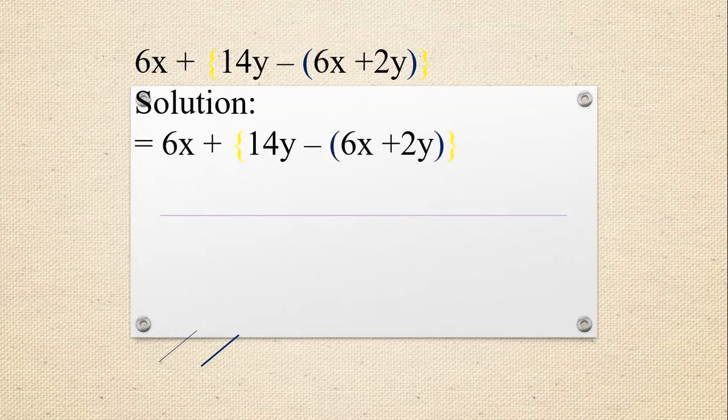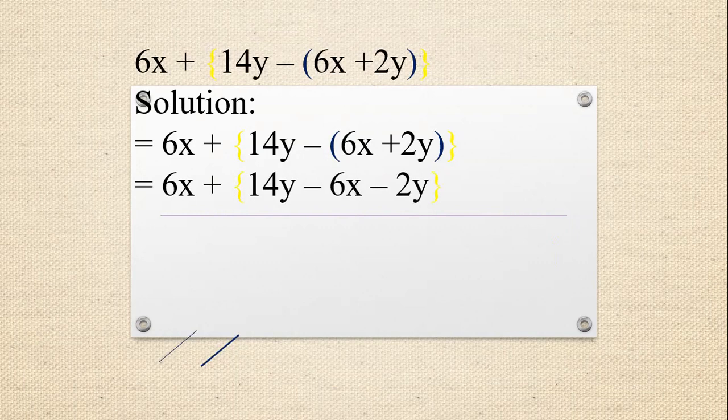As we all know, we have to solve the curve bracket first. So by removing the curve brackets, we have to multiply this minus sign with the inside signs. So the expression will become 6x plus curly bracket 14y minus 6x minus 2y curly bracket close.